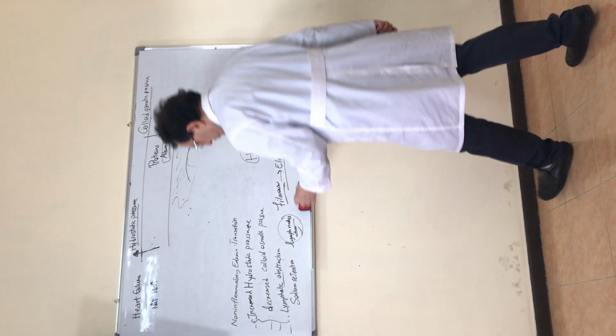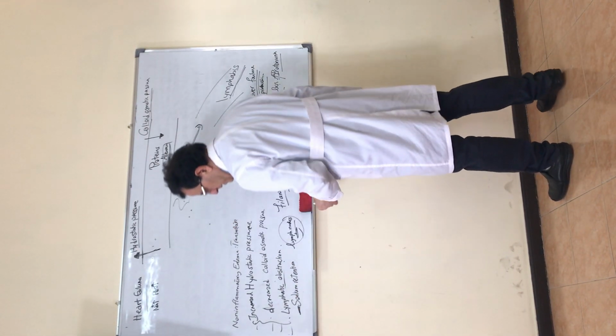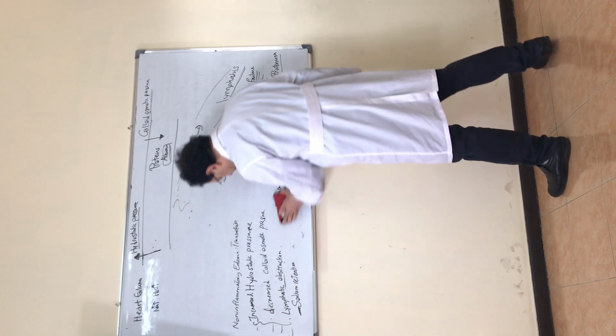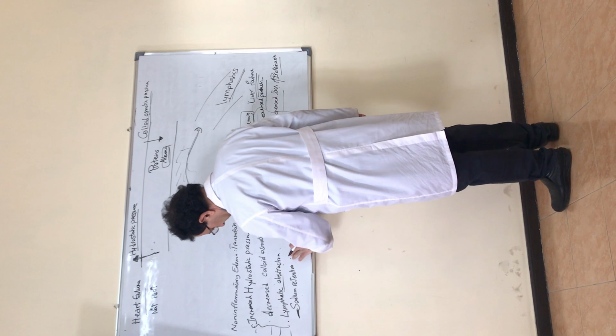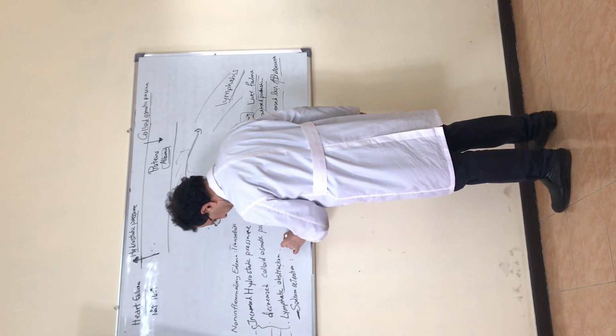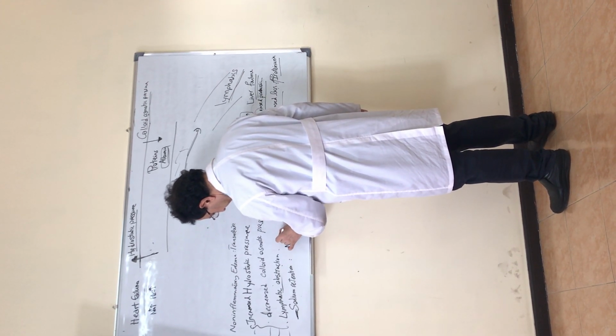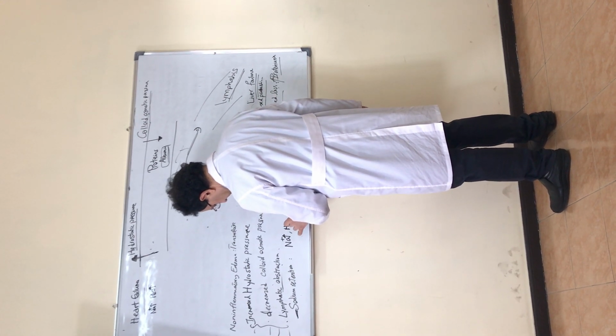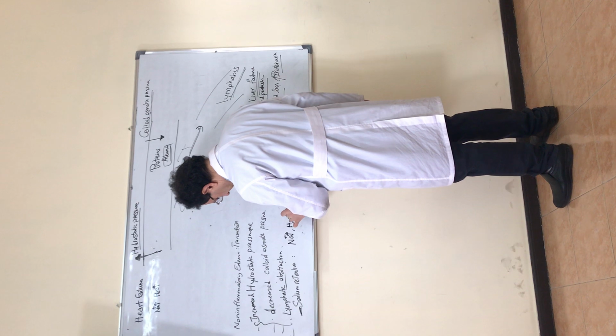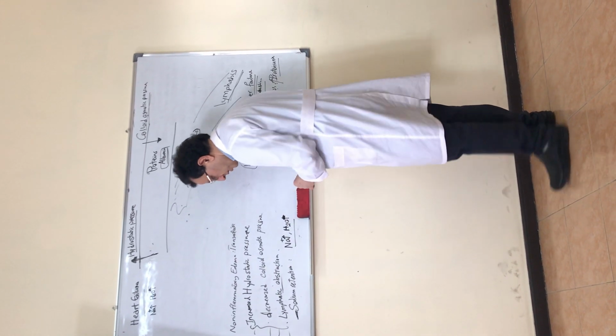So, lymphatic obstruction and sodium retention. When sodium cannot be excreted by the kidneys, sodium will increase in serum, and this also increases water and blood volume.